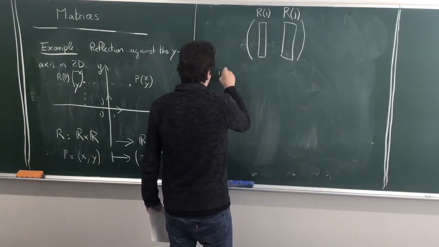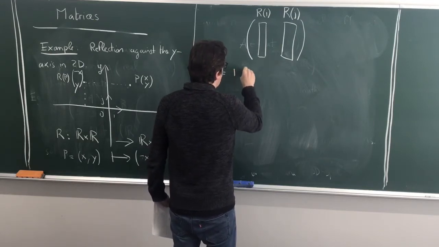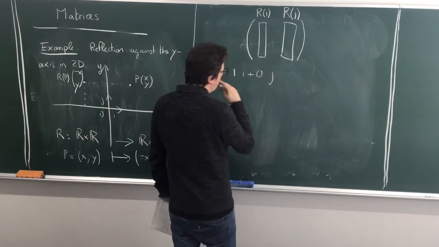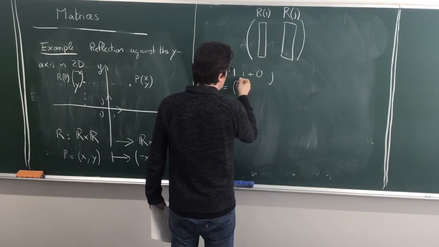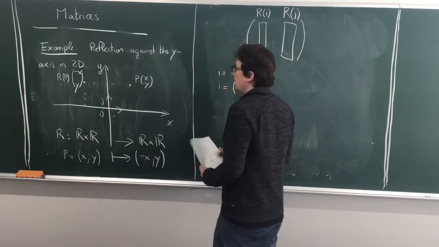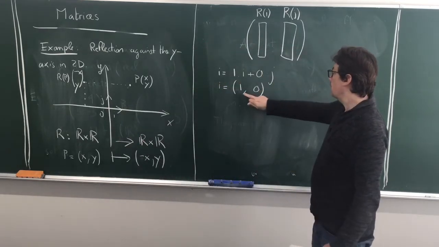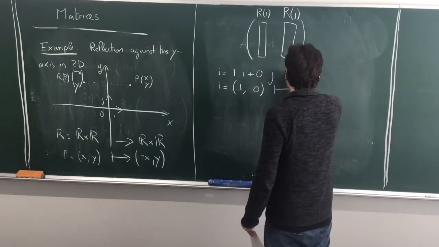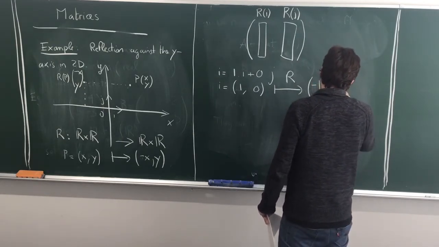Okay, so what are the coordinates? Well, notice that i is a vector with coordinates 1 times i plus 0 times j, right? So I consider this i as a vector with coordinates 1 and 0. So my function R will send this vector i, (1, 0), to, as you can see, (-1, 0).